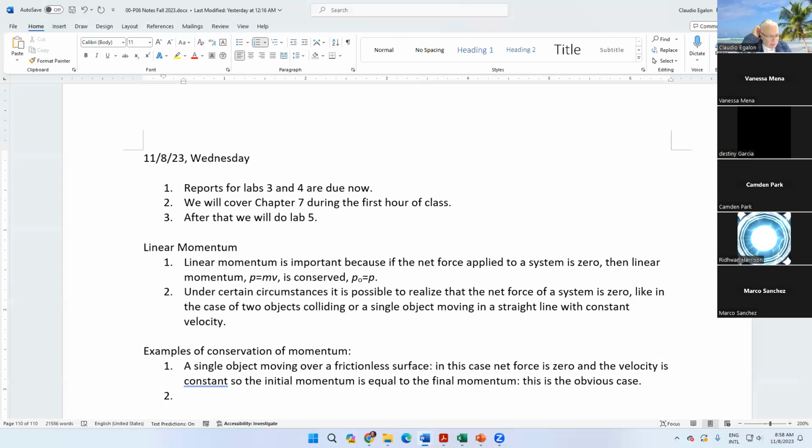And then we have the not so obvious case: a system of two objects which are colliding.